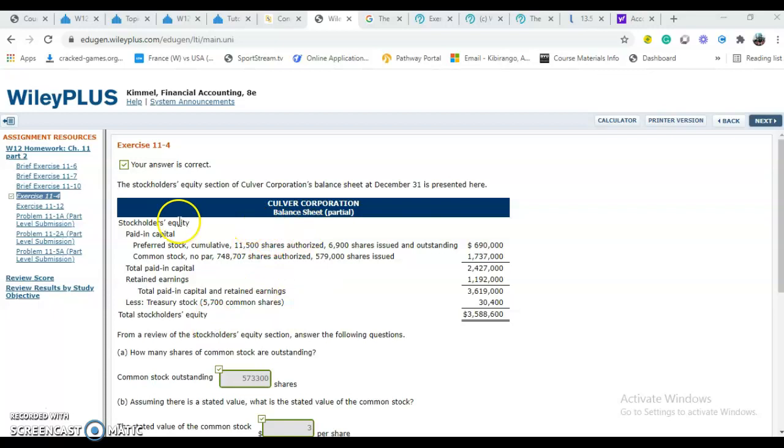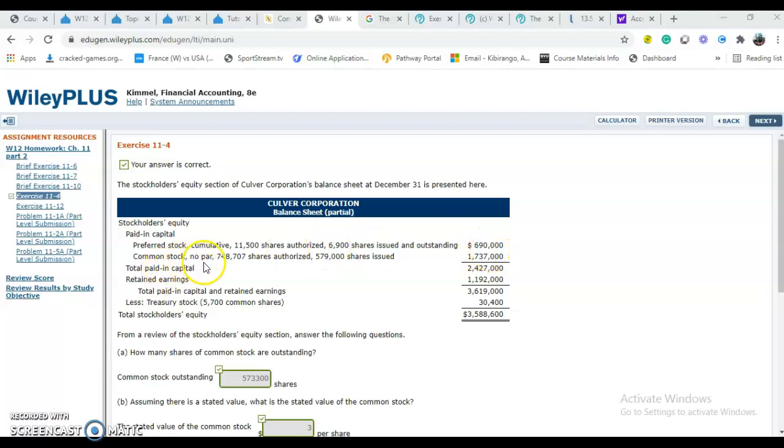And this is the exercise, and it says the stockholders' equity section of Carver Corporation's balance sheet at December 31st is presented here. And here are the account titles: stockholders' equity, paid in capital, which has preferred stock, cumulative, 11,500 shares authorized, 6,900 shares issued and outstanding, totaling $690,000.